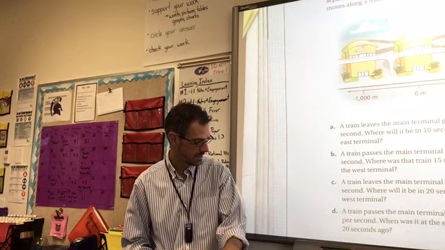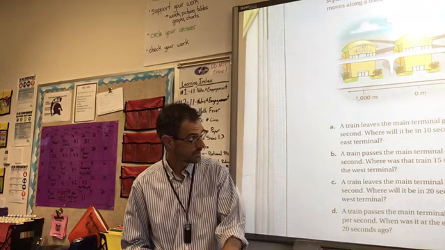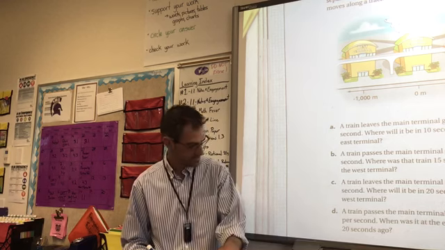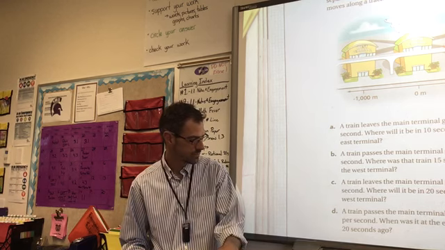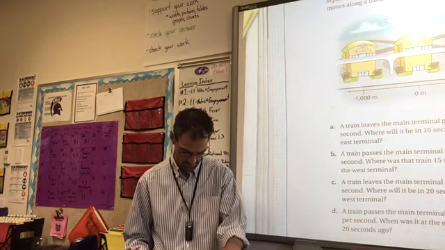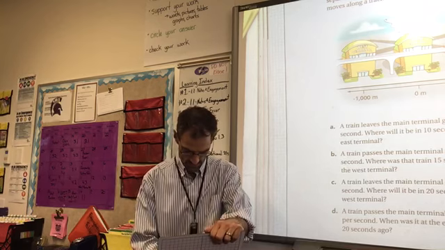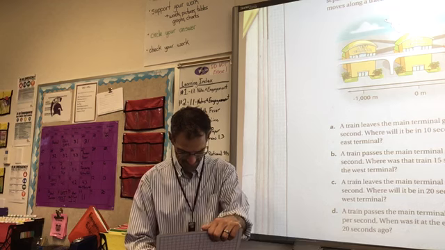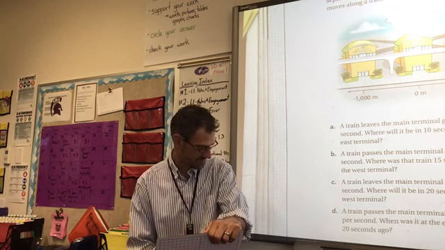Now we just need to do 130 divided by 10. So it started here and it went to here, and the total time traveled from here to here is 150 seconds.